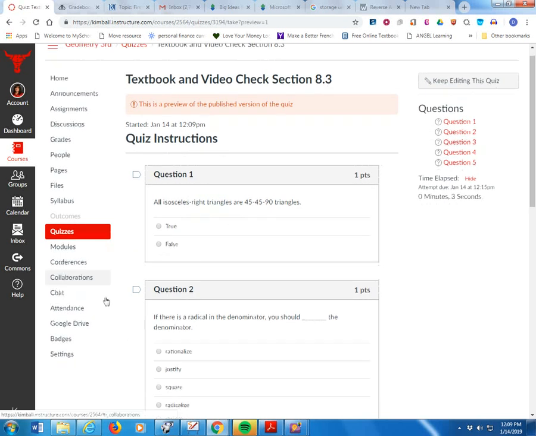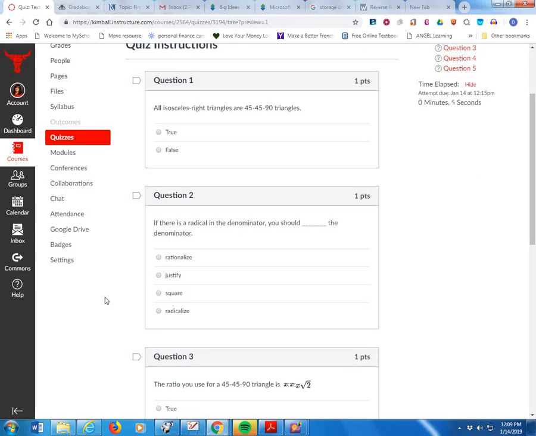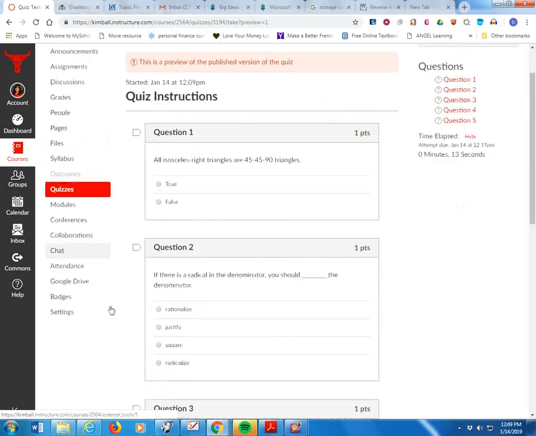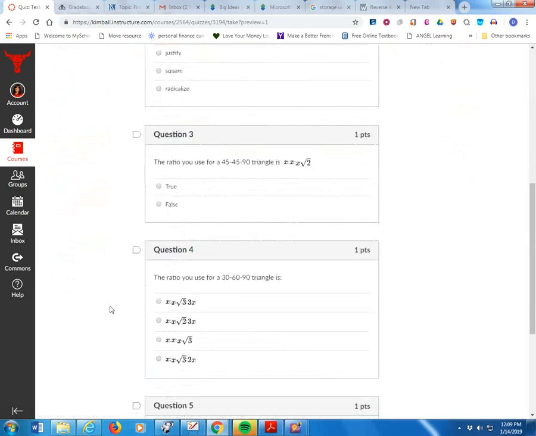Okay, all isosceles right triangles are 45, 45, 90 triangles. True. If there's a radical in the denominator, you should rationalize the denominator. The ratio you use for a 45, 45, 90 triangle is x, x, x root 2, or 1, 1, square root of 2. True.